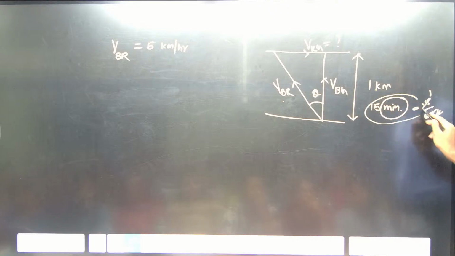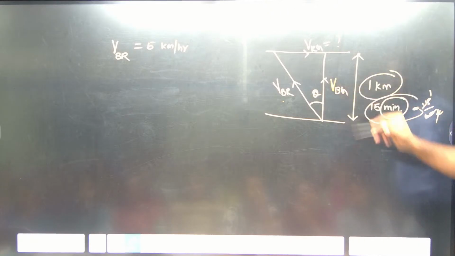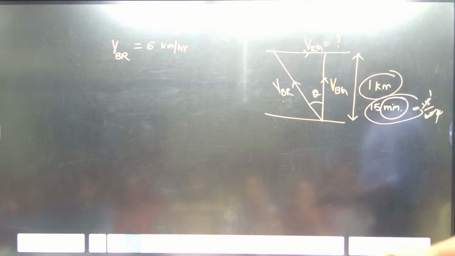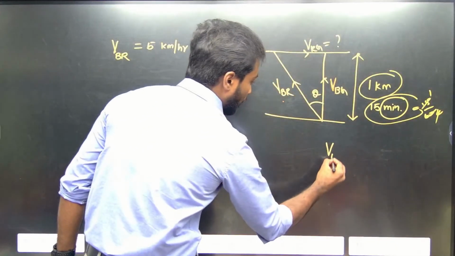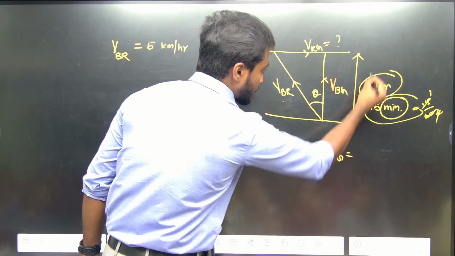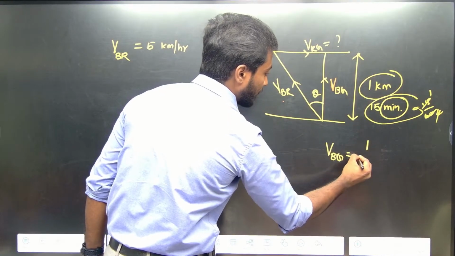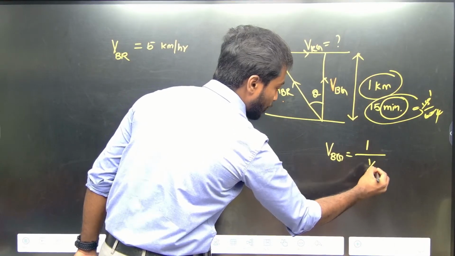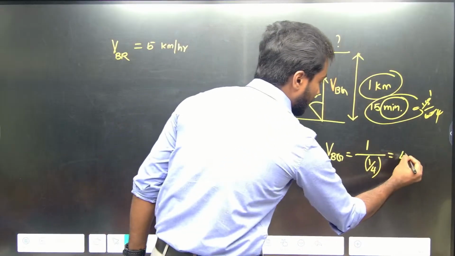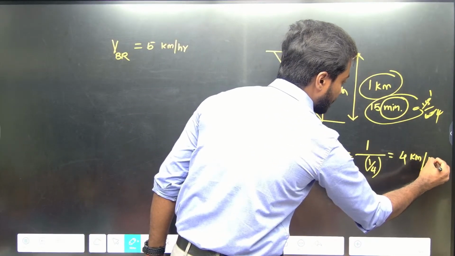I know the time, I know the distance. Can I get the velocity of the boat with respect to ground? Velocity of the boat with respect to ground is the distance, which is 1, divided by the time, 1/4, which is nothing but 4 kilometer per hour.